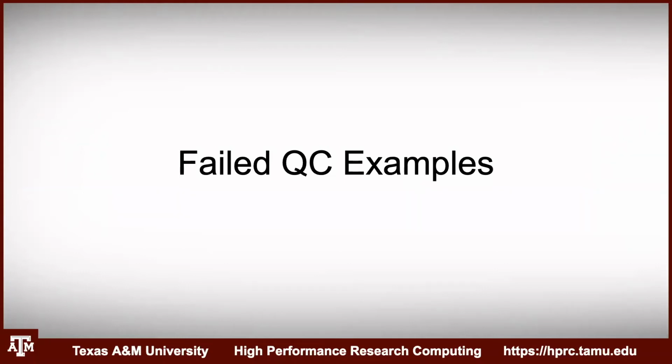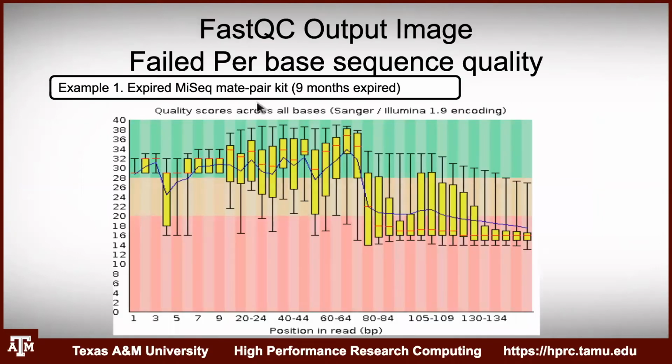So some examples of libraries that have failed QC checks. This is a library that was made with an expired kit. So the kit had been out for 9 months. They decided to run it anyway, and this is how the data came back. So this isn't really usable.